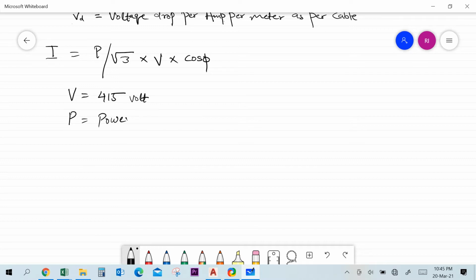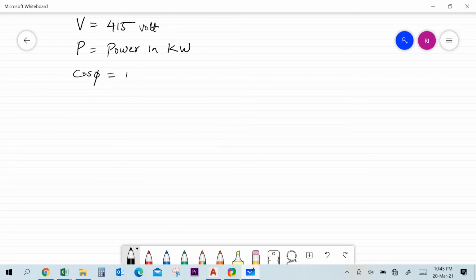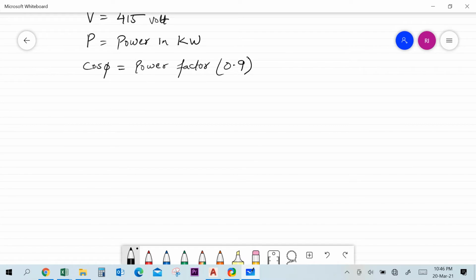Then P equal to power in kilowatt, and cos phi equal to power factor. We use here 0.9. Then put all these values to get the current.